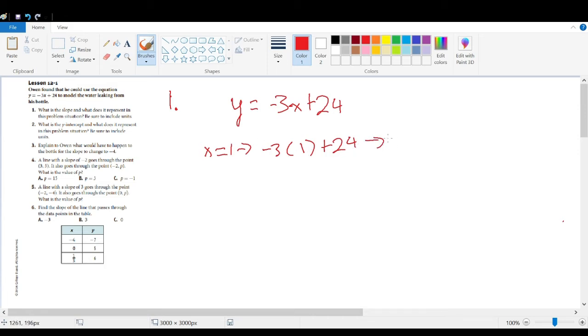So then y is just going to be equal to 21. That's not that hard. Let's do it again. Minus 3 times 2 plus 24 is equal to, well, that's just 18.